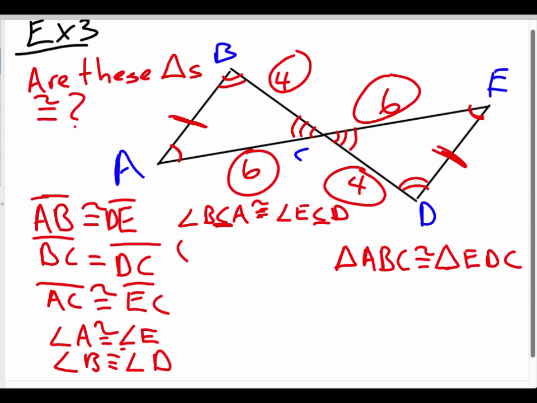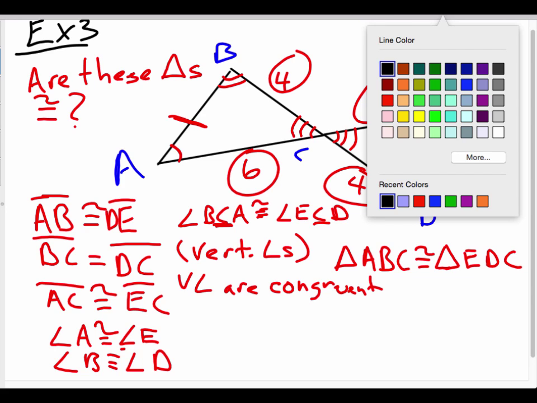These are vertical angles. And vertical angles are congruent. Right? It's 2 lines. They're vertical angles.